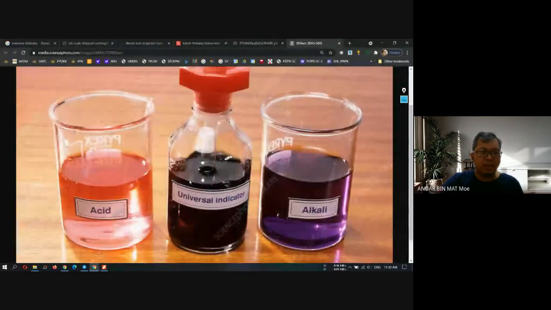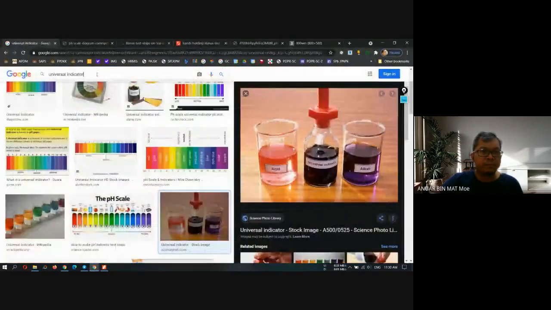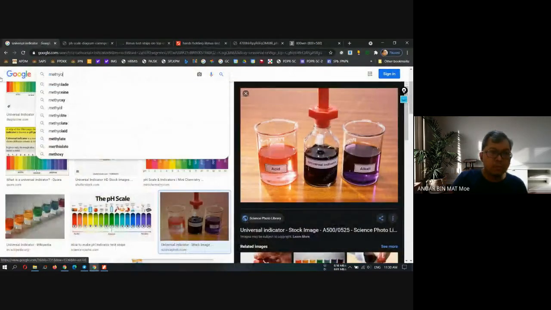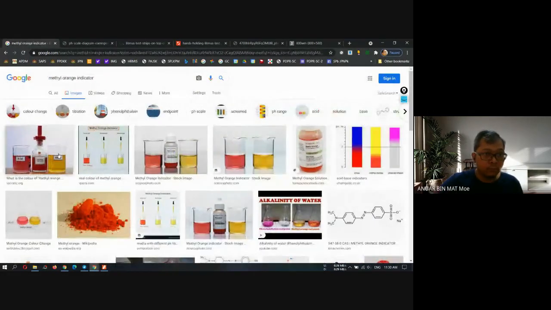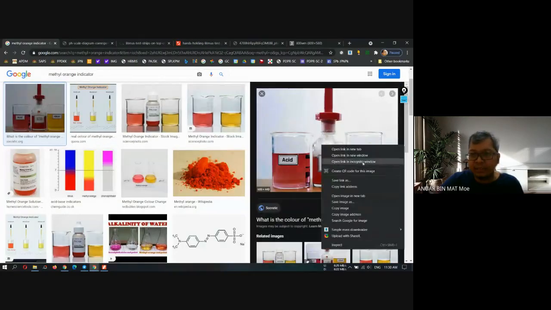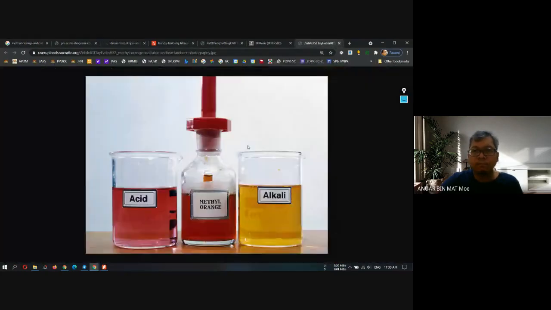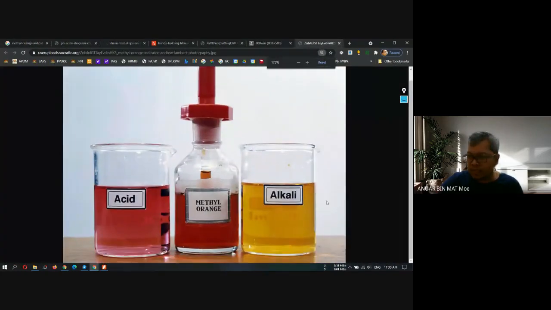Methyl orange. Methyl orange is like this. This is methyl orange indicator. When methyl orange is put in an alkali solution, it will become yellowish. When put inside a solution that is acidic, it will become reddish.